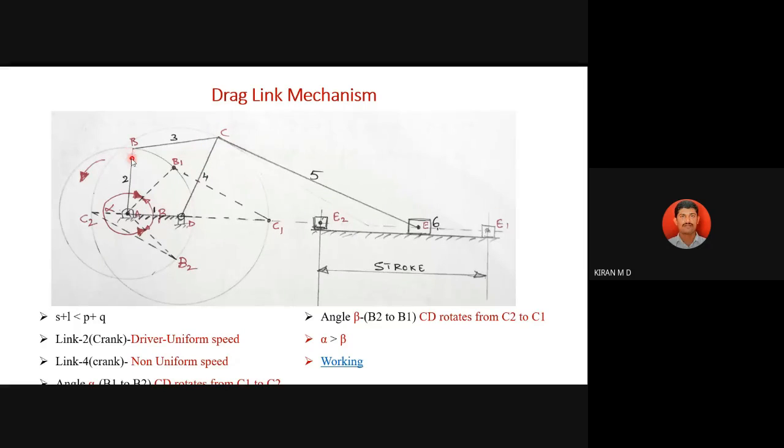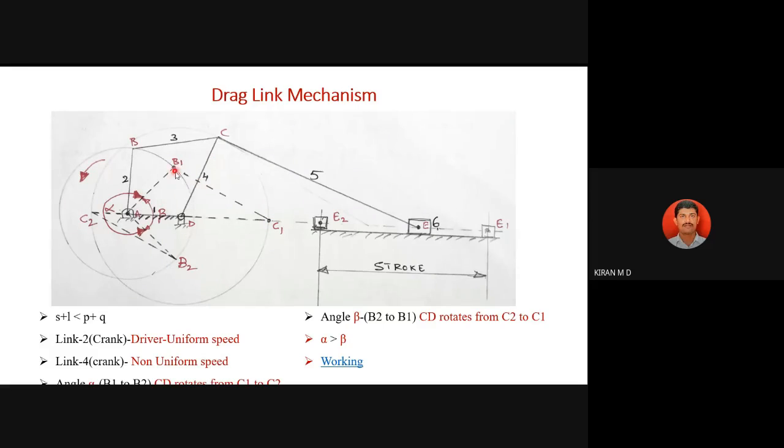What will happen when it is rotating about this particular center? This is the longest link, and it will rotate this way. When the crank moves from B1 to B2, C moves from C1 to C2.